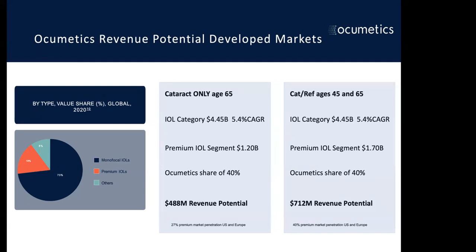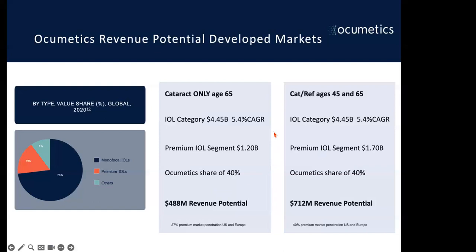If you just look at the premium sector, which is the area that Ocumetics would play in, that's a $1.2 billion area. We think that we will get a 40+ percent share of that market. And if we do a 40+ percent share of that market, that's relatively $500 million worth of potential revenue on one product, which is super nice and exciting.